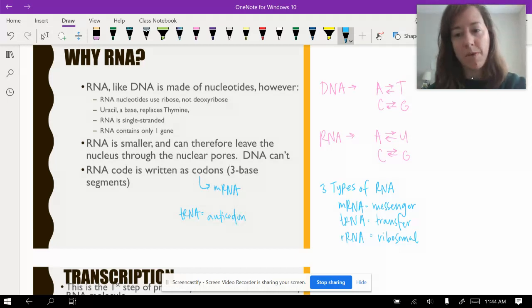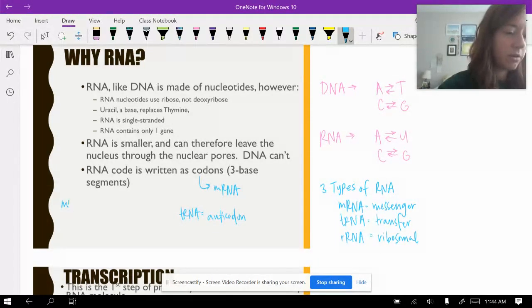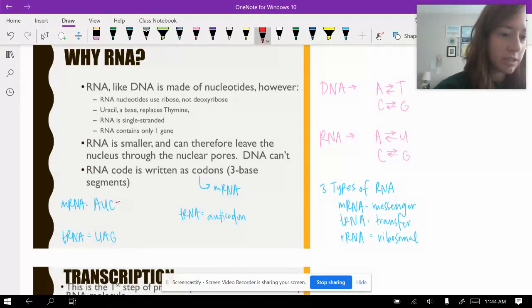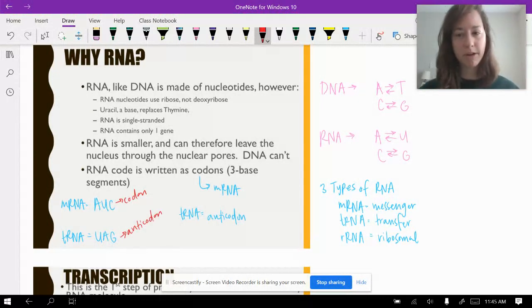So for example, if you had an mRNA code that was AUC, the tRNA anticodon would be UAG. This here is the codon. This here is the anticodon because they're complementary to one another.